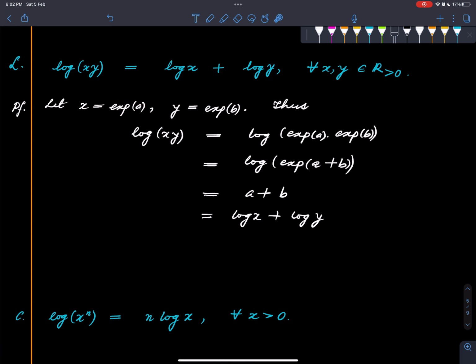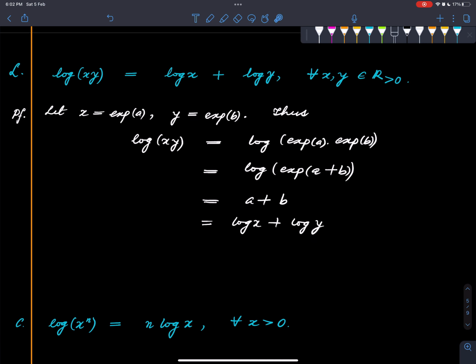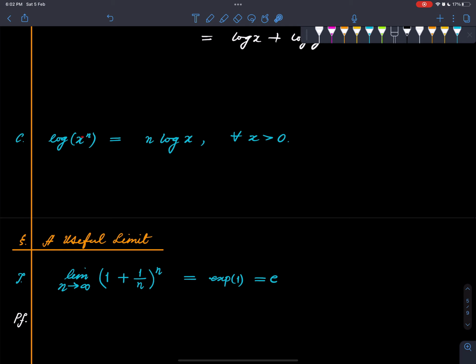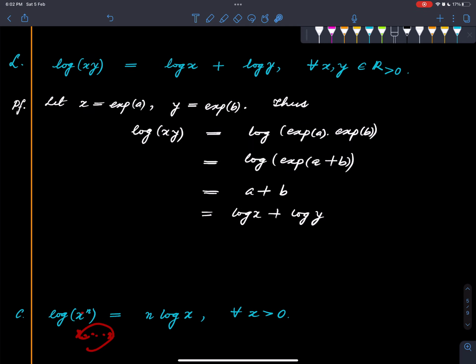So that's why we are having this, and that's it. That proves our lemma. And a simple corollary of that lemma is that if you have any natural number n, then log of x to the n is n times log of x. So x to the n is just x times x times x, n times, and if you apply the above repeatedly, you'll get that.